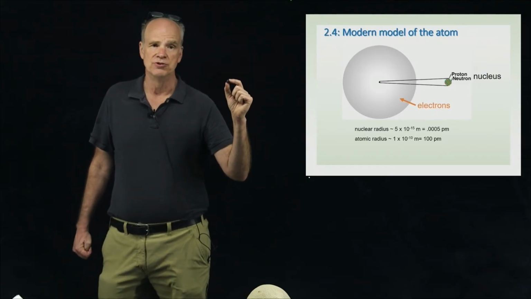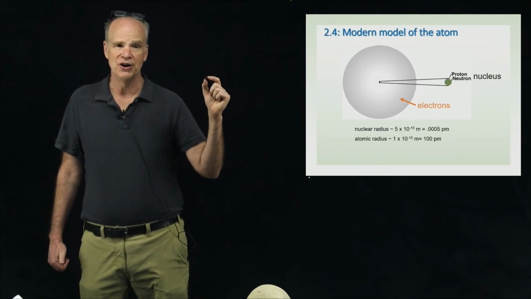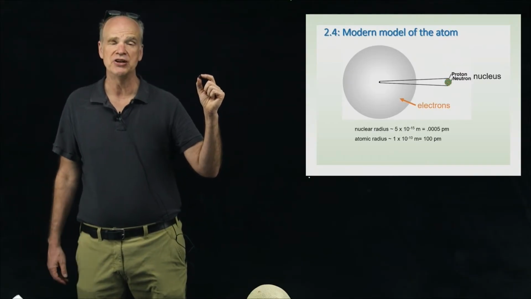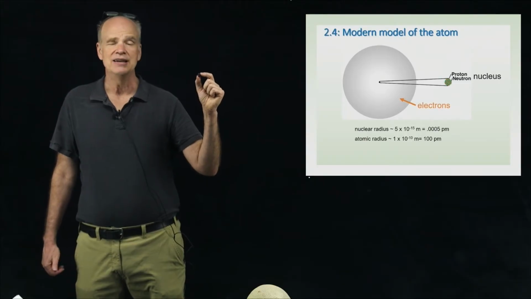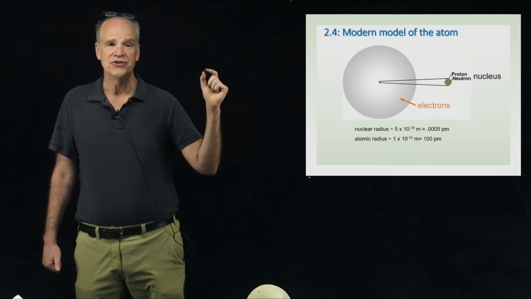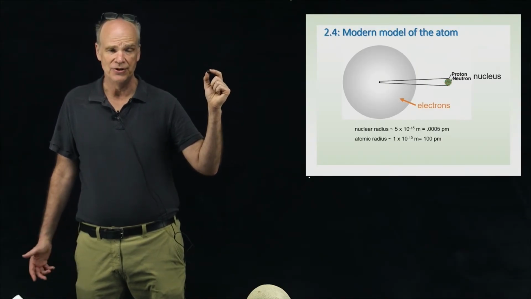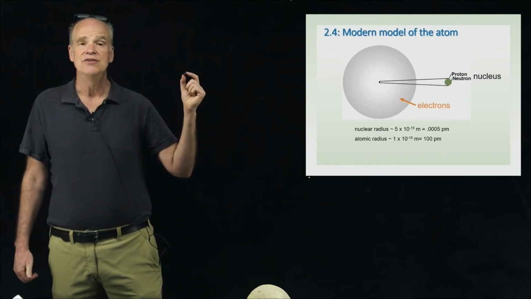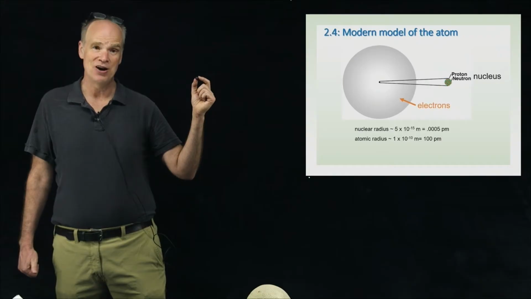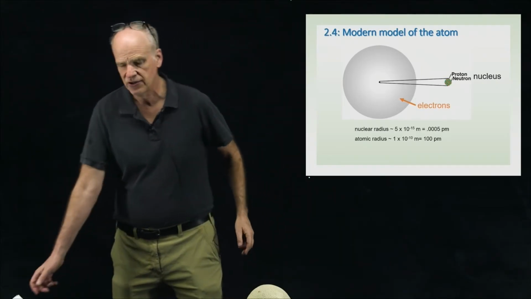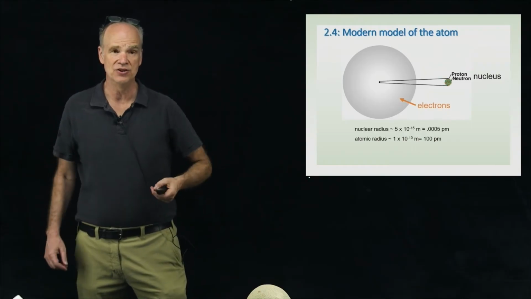Now, if you were to blow up this blueberry to be the size of a house, you might be able to see a nucleus at that point. But if you were to blow up this blueberry to be the size of the Commonwealth Stadium, with this blueberry being the atom, then the nucleus would be the size of a marble.